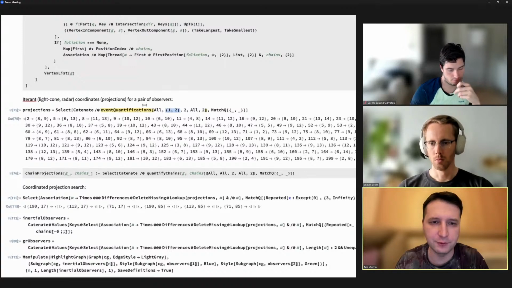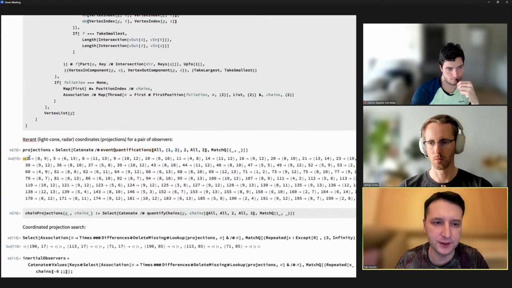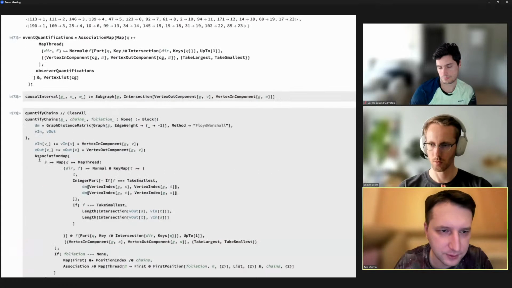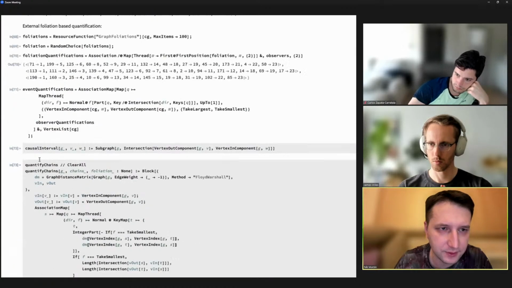I generated the quantification for three observers, but I took just a pair, so this says that event number two... I think this is just those time clicks. I don't remember whether they're already subtracting those or not.